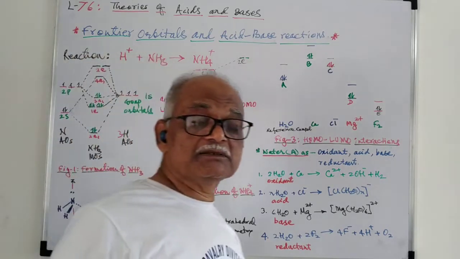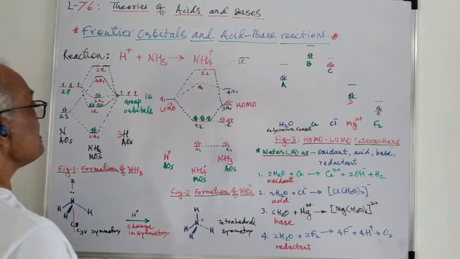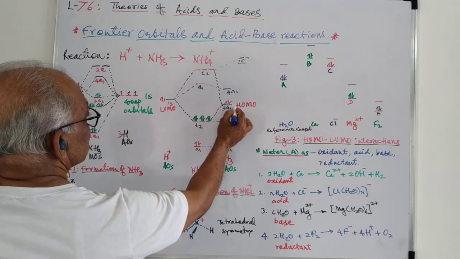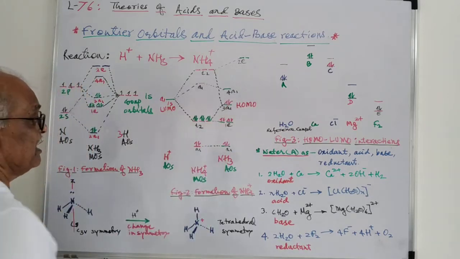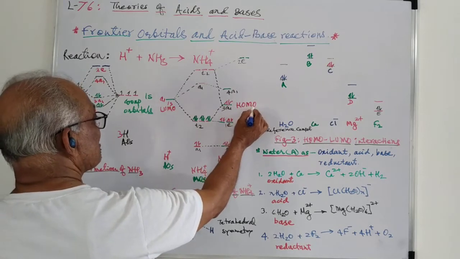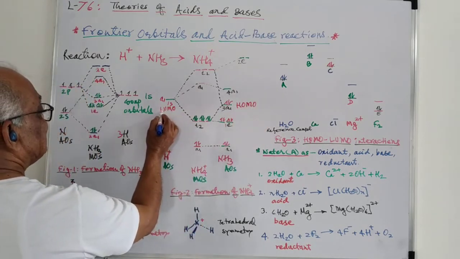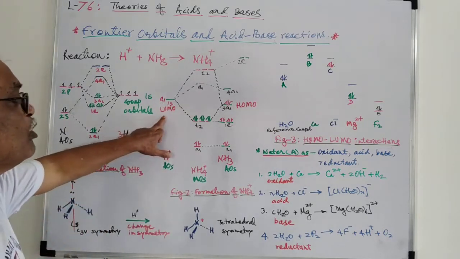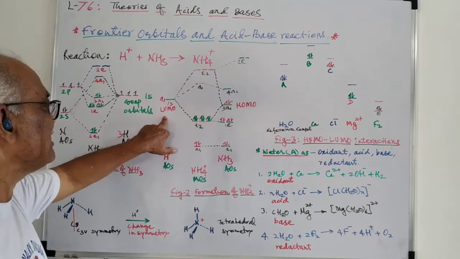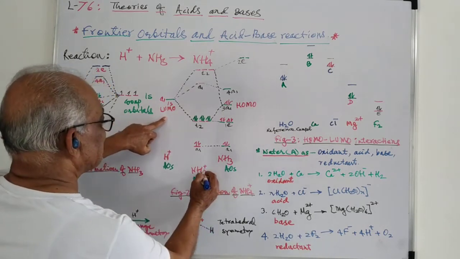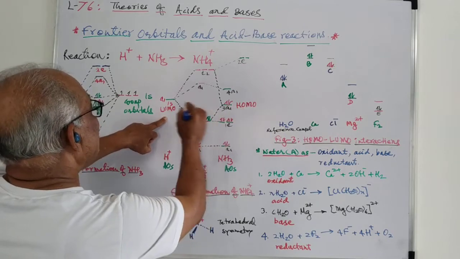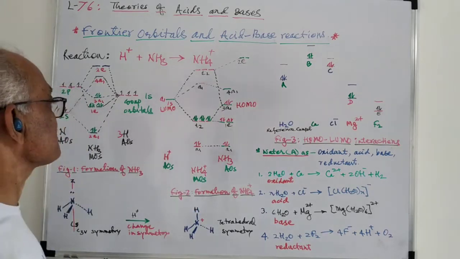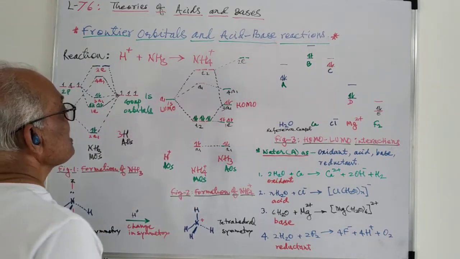You should know that in this case, this 3A1 symmetry orbital which is filled with an electron pair is called the highest occupied molecular orbital, HOMO, and this is empty. The 1s orbital having A1 symmetry is the LUMO, lowest unoccupied molecular orbital. So during the formation of NH4 plus, the HOMO and LUMO interact because there is a very small energy difference between them.